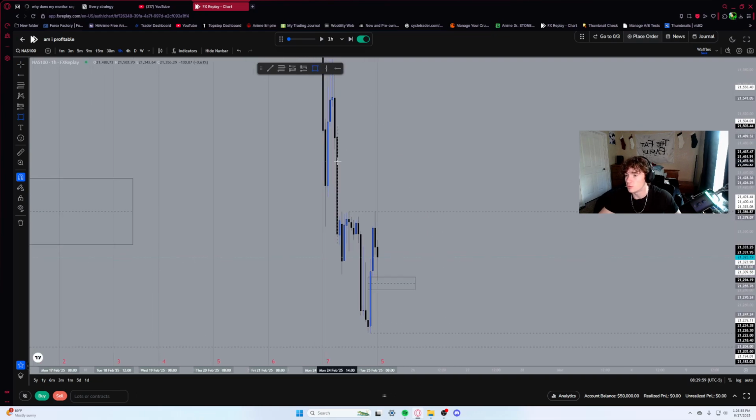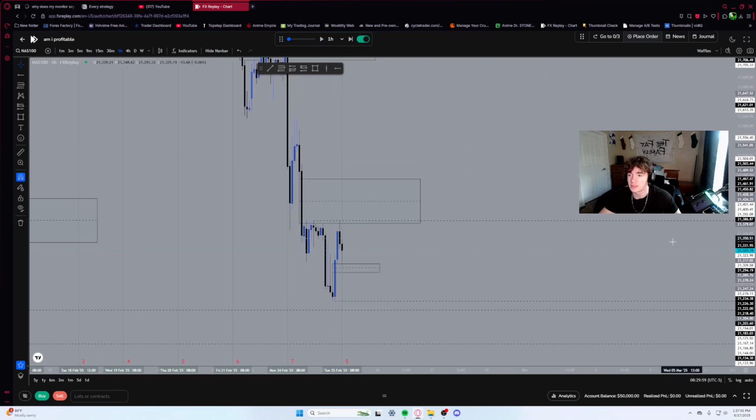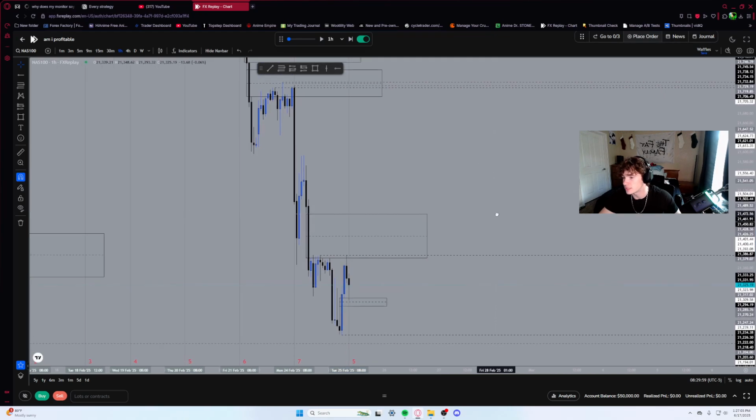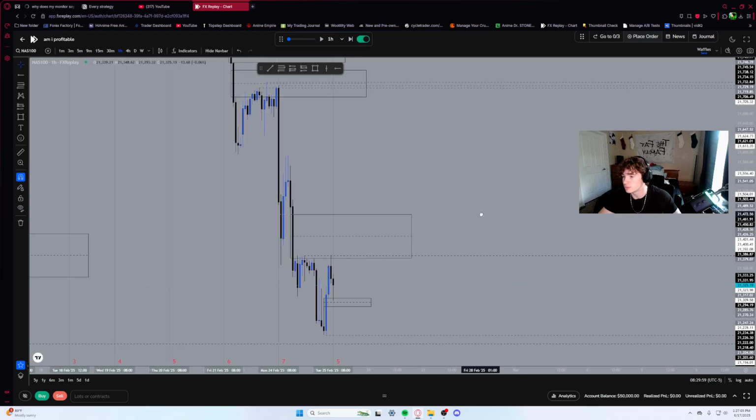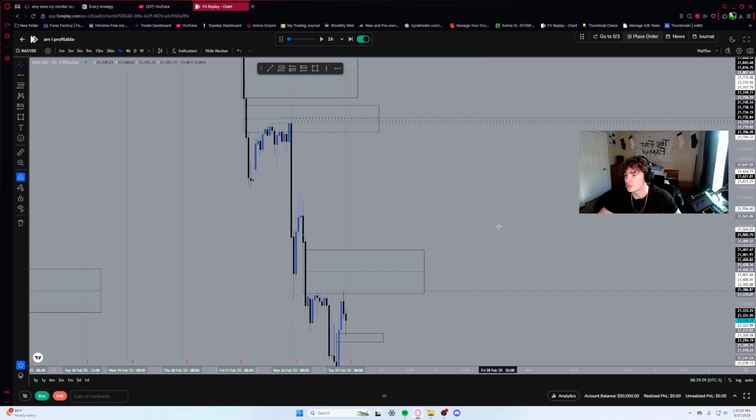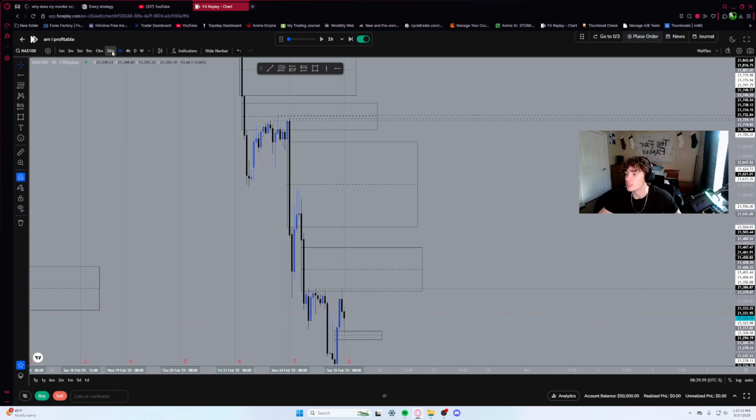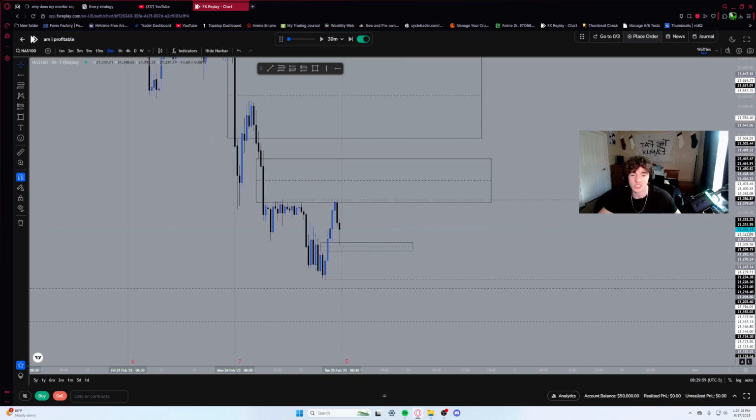We have this fair value gap showing us a more reasonable supply zone to go off of. And we have this supply zone up here that I don't really care about. I don't think you should either.